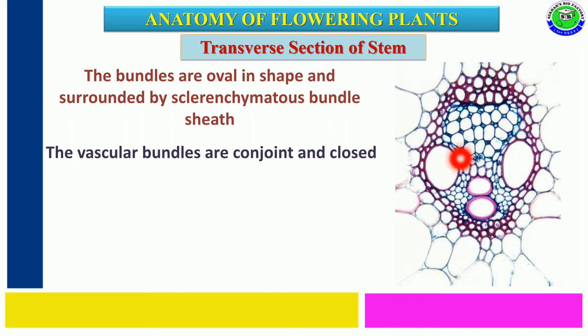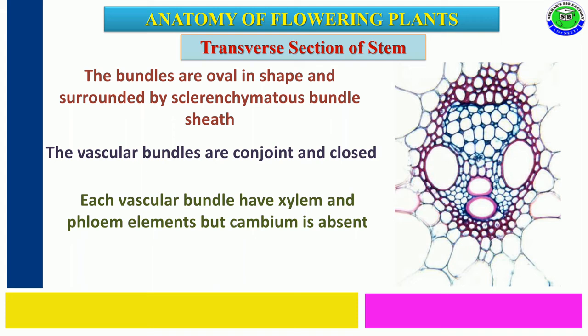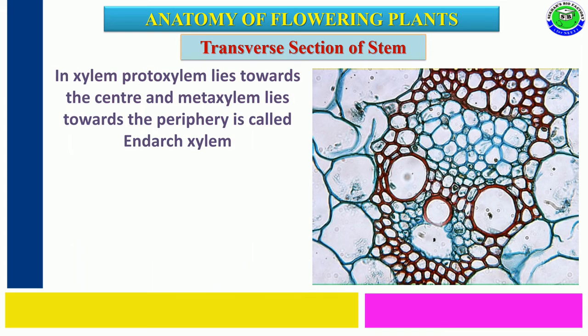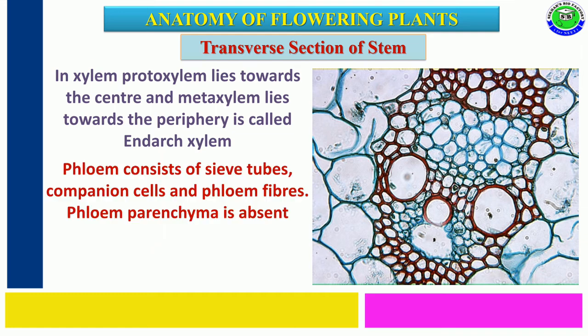That means each consists of xylem and phloem but without cambium, called conjoint and closed type. In this vascular bundle, the protoxylem is present towards the center and the metaxylem towards the periphery. That condition is called endarch xylem.